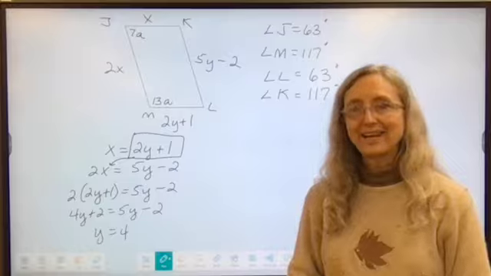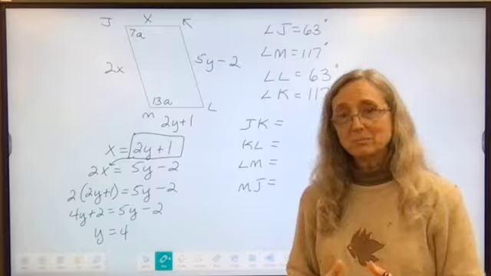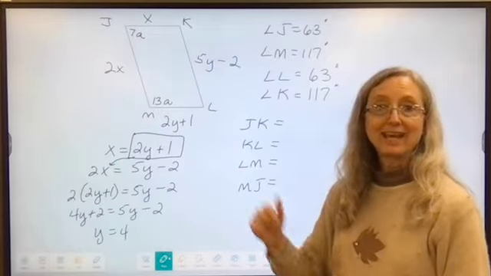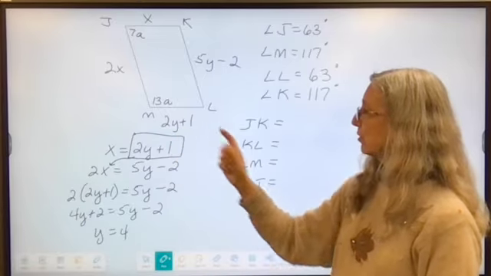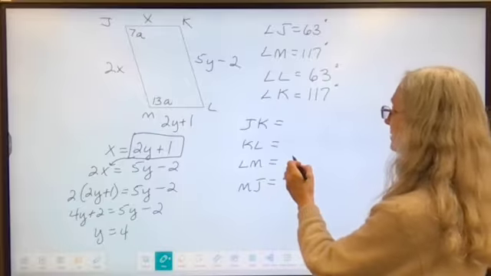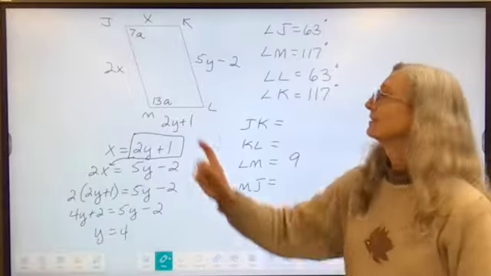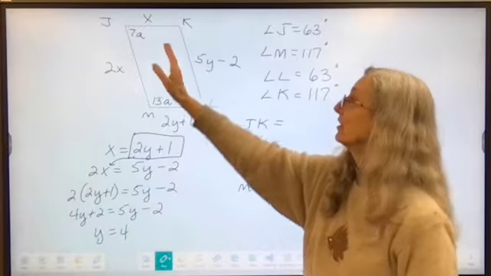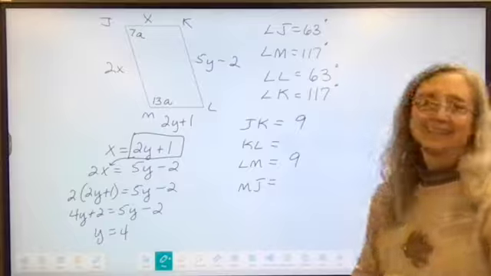Okay, I did that and I got that y is equal to 4. So I'm going to plug in 4 for y in one of these sides that just has a y in it. And 2 times 4 plus 1 would be 9. So ML, or LM, is equal to 9, which means JK, because congruent sides are opposite each other, or x, is also equal to 9.